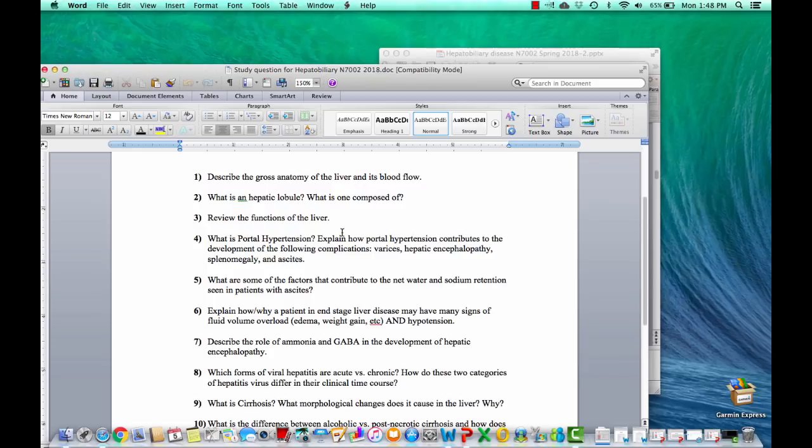Okay, number 7. Describe the role of ammonia and GABA in the development of hepatic encephalopathy. So let's put GABA aside for a minute and just talk about ammonia. So ammonia is coming from where? It's coming from the GI tract, okay? And it's primarily coming from what in the GI tract?